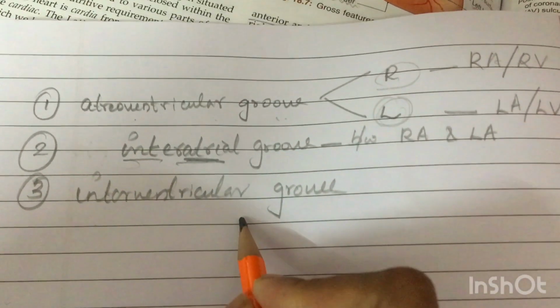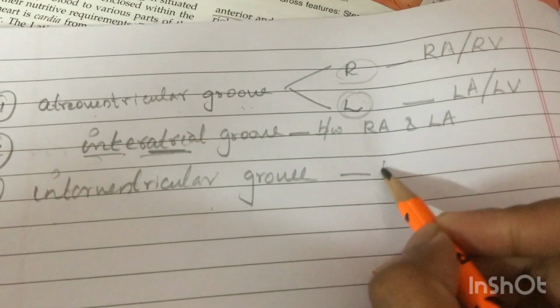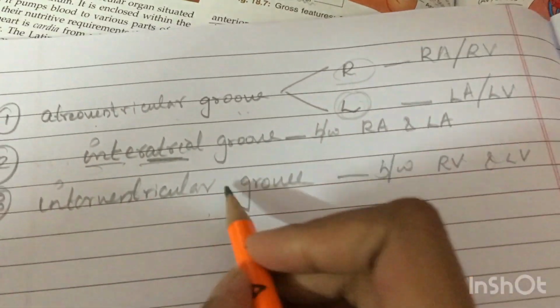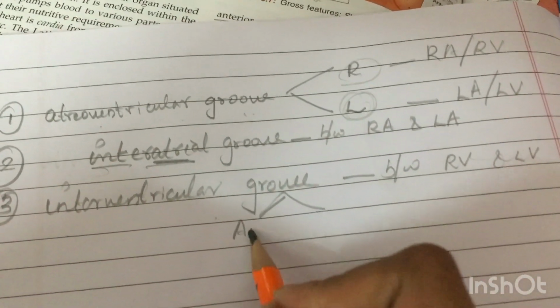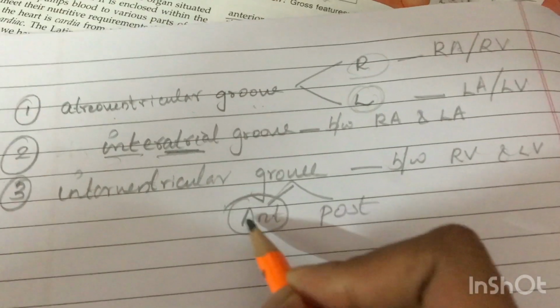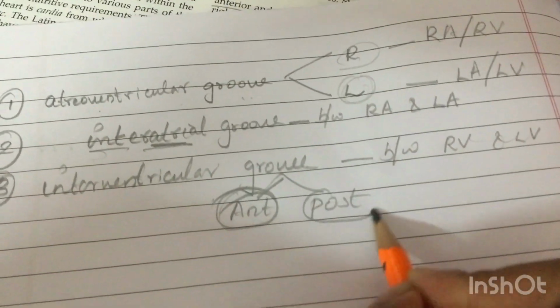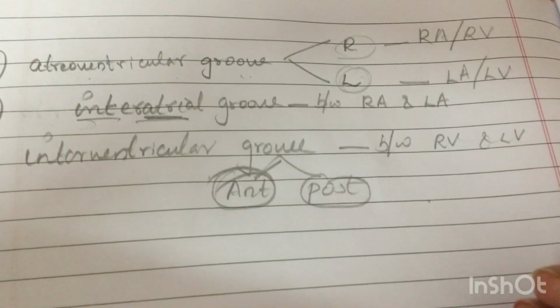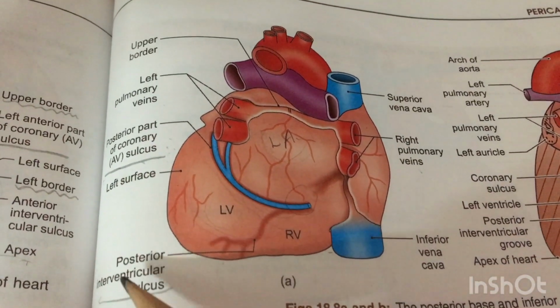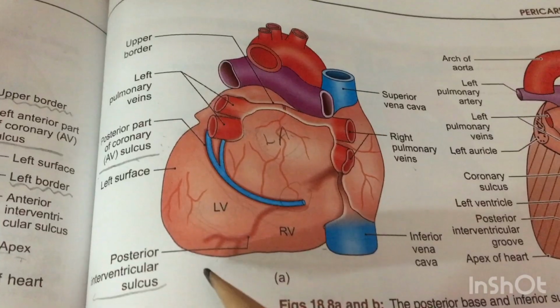It is divided into anterior and posterior: anterior lies on the anterior surface of the heart, posterior lies on the posterior surface. On the posterior surface you can see the posterior interventricular sulcus.